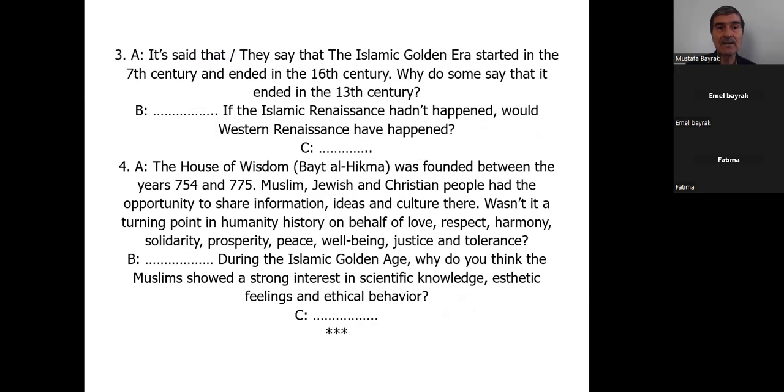They say that the Islamic Golden Age started in the 7th century and ended in the 16th century. Why do some say that it ended in the 13th century? Yes, maybe it slowed down.